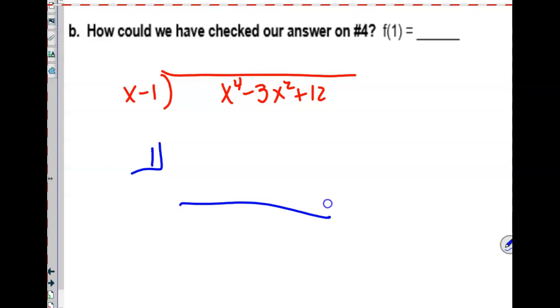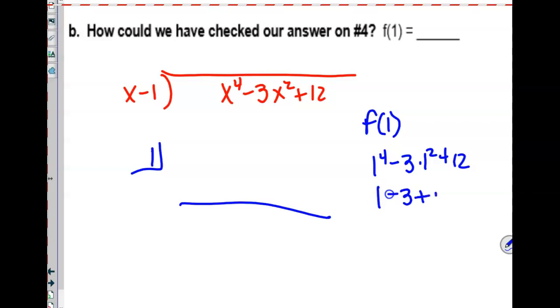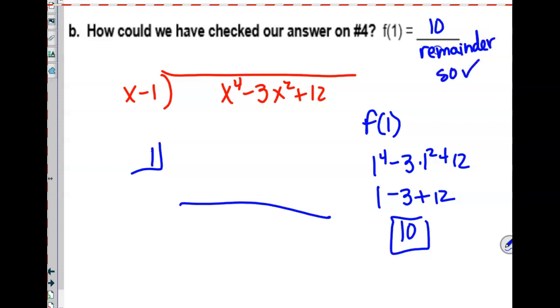Do you remember what we just said? Yes, find f of 1. So if I did 1 to the 4th minus 3 times 1 squared plus 12, I didn't use parentheses because it's positive. You should probably, but it won't matter. And I got 10. Was that our remainder, guys, when we did it? Yes. That was our remainder, so that's a check. Does everybody see what I'm trying to tie together here? The remainder will equal what you get when you put the function in. So there's ways to check these.